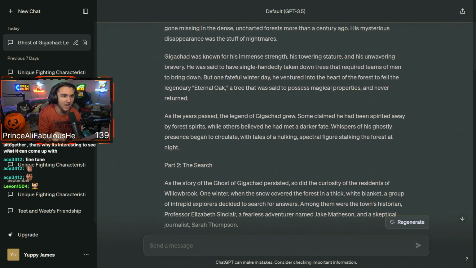As the years passed, the legend of GigaChad grew. Some claimed he had been spirited away by forest spirits, while others believed he had met a darker fate. Whispers of his ghostly presence began to circulate, with tales of a hulking, spectral figure stalking the forests at night.